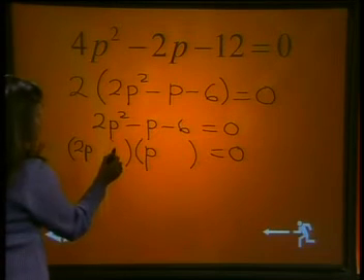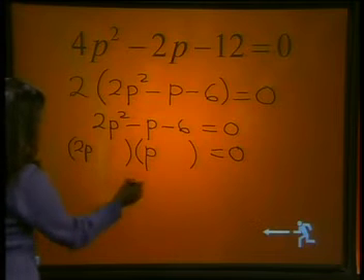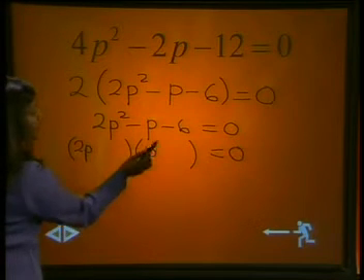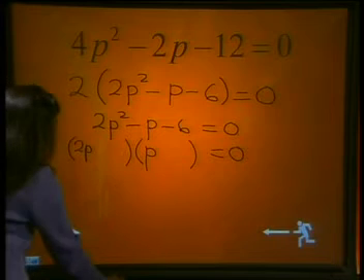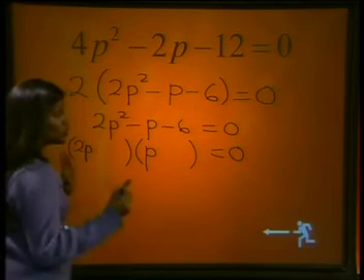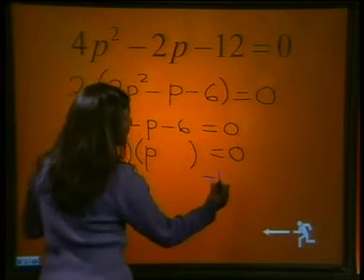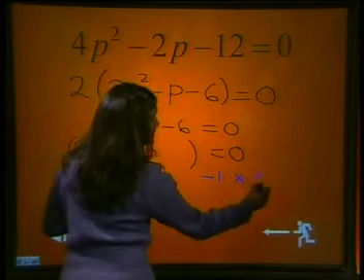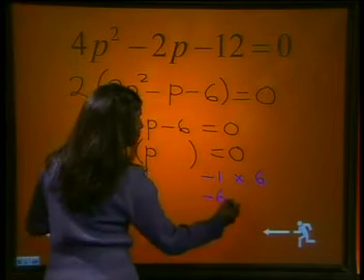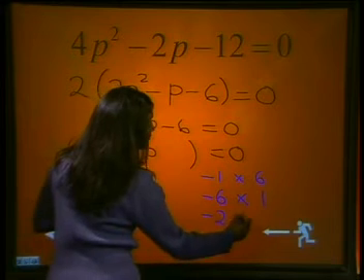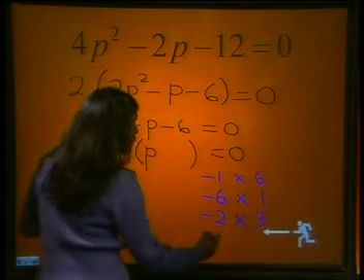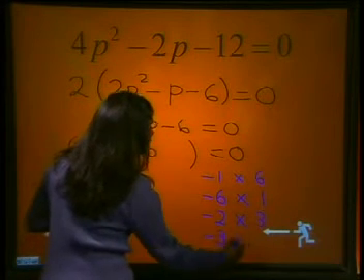When we put the numbers in here and here, when we multiply out and add the terms, it must take us back to this middle term of minus 1p. So the factors of negative 6 that we could use are negative 1 multiplied by positive 6, negative 6 multiplied by positive 1, negative 2 multiplied by positive 3, or negative 3 multiplied by positive 2.